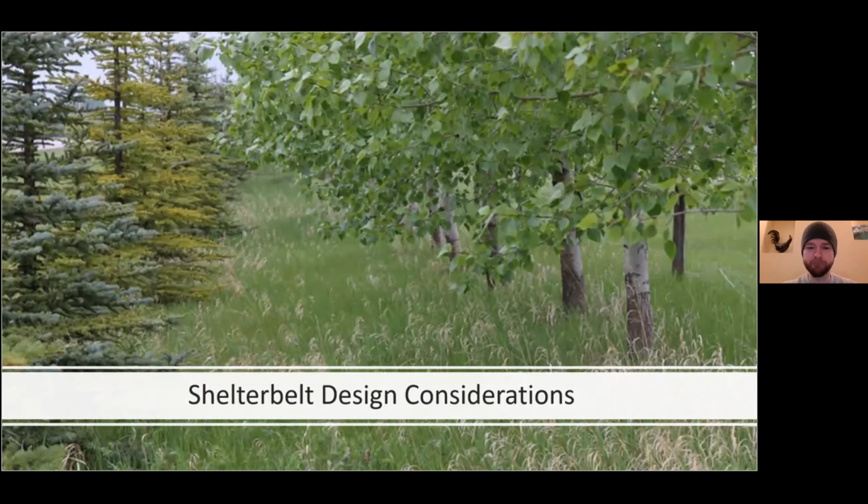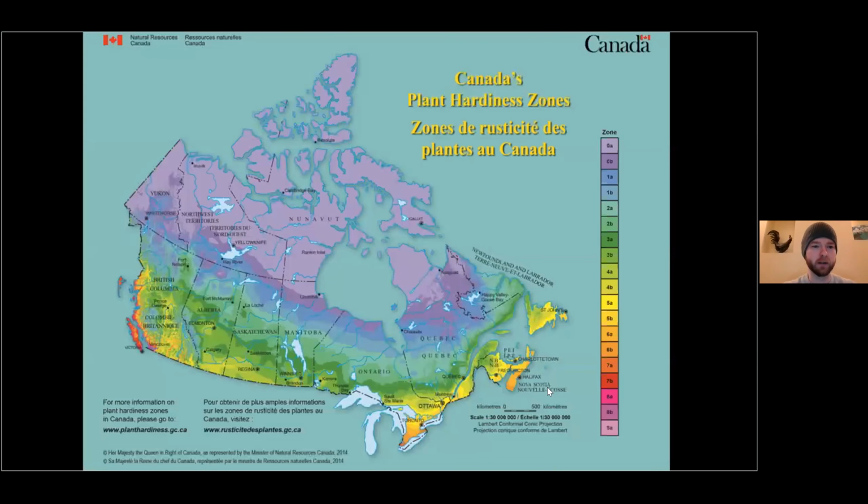Up first, a quick overview: it's always important to consider the planting zone that you're located in. As you can see with this map from the Government of Canada, it shows a range of the growing zones for Canada. If we're looking at Alberta, the majority of it is in those 2 and 3 growing zones, with some differences in between for the A and B categories.